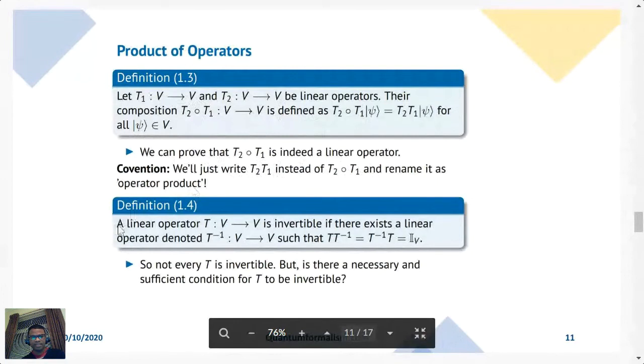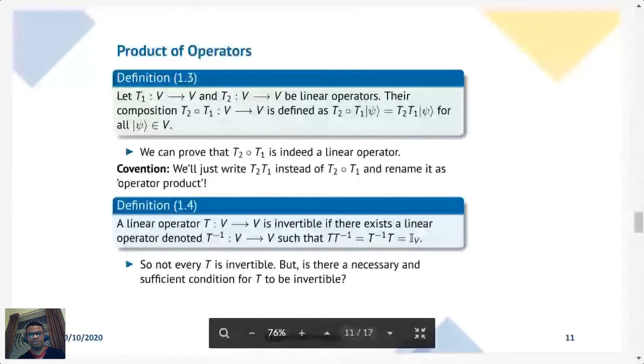And then this motivates another definition, a very fundamental one: an operator is invertible if there exists another linear operator, which we denote T minus 1, that also goes from V to V, such that the product between them gives the identity.